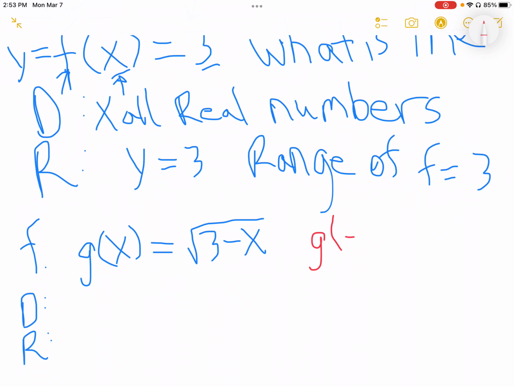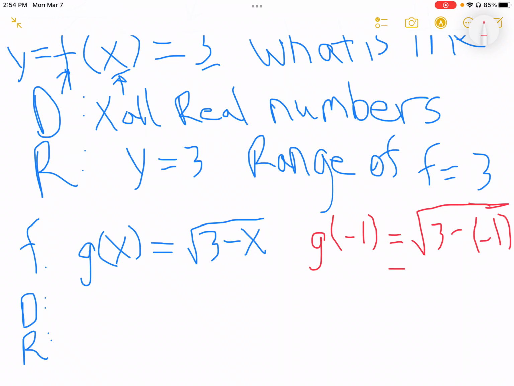and I say g of minus 1. Okay, we'll do like we did all of our other functions. We go ahead and plug in minus 1 wherever we see x. So we would write square root of 3 minus minus 1, correct? See that?